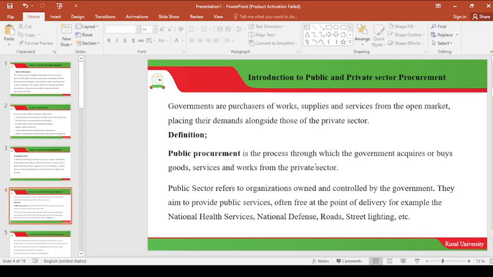So, what is public procurement? Public procurement is the process through which the government acquires or buys goods, services, and works from the private sector. In other words, the public sector refers to organizations owned and controlled by the government.